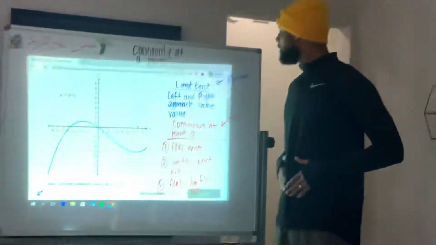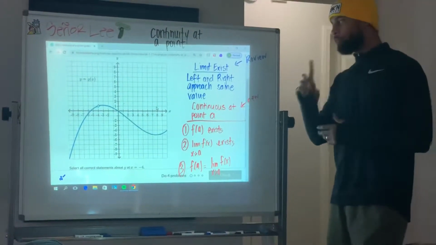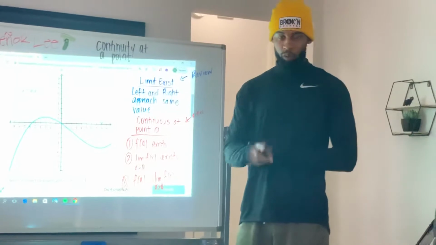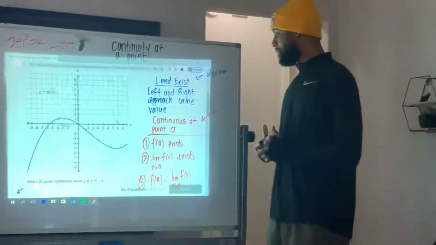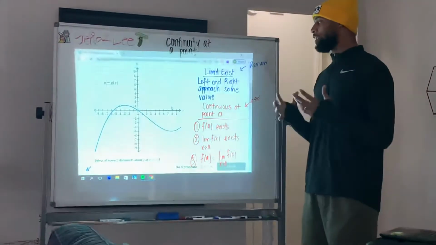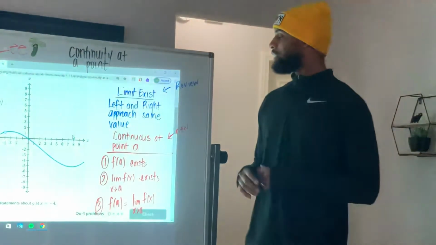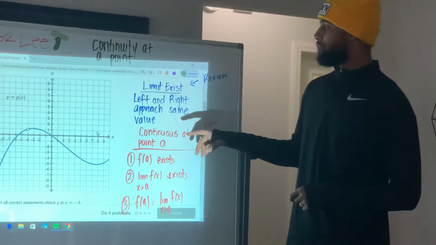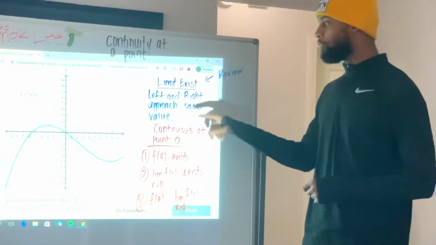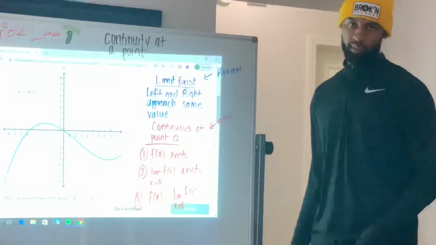Let's check it out. All right, so first let's review one thing, a limit. What is a limit? What does it mean for a limit to exist? For the purposes of this video, let's say that it approaches the same value from the left as it does from the right.